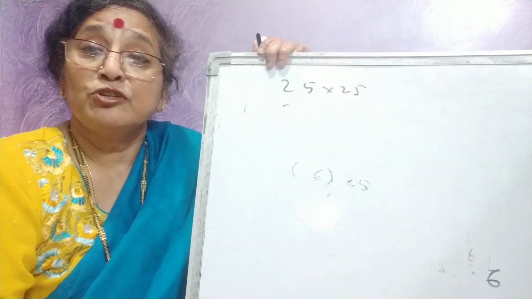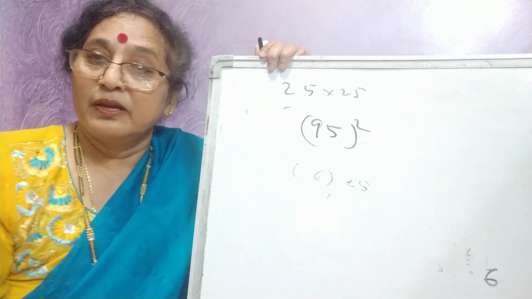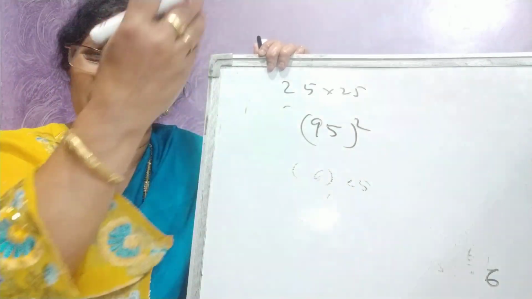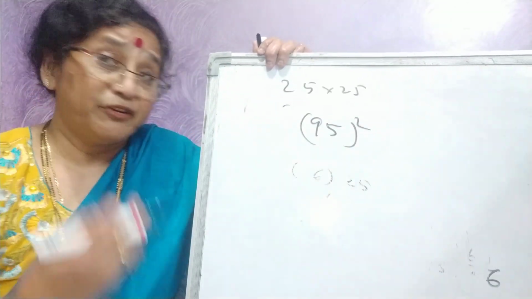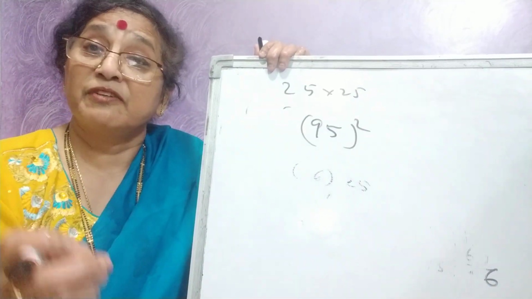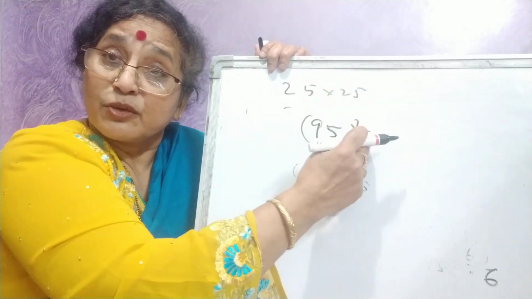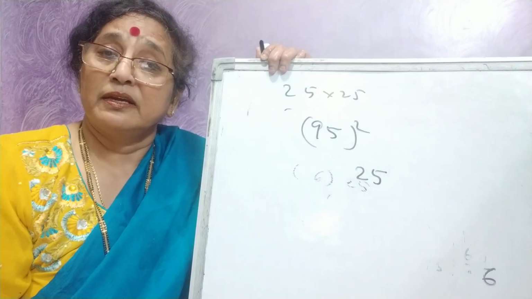Okay. So suppose you have a number like 95 whole square. I can do 95 into 95 long multiplication, or Vedic maths, or 90 plus 5, or 100 minus 5 whole square. But the fastest of all is, because it's ending in 5 and it is a square, you write 25. What comes after 9? 10.